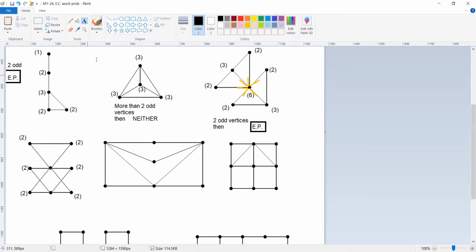Okay. Let's carefully check these other vertices. This one's degree 1, 2, 3, 4, 5, 6.